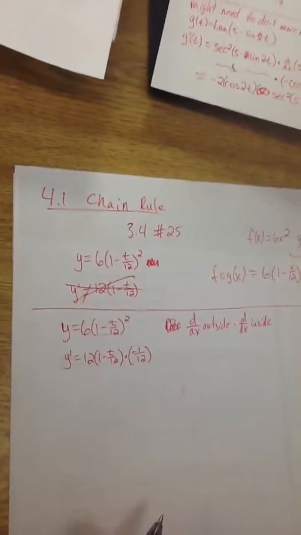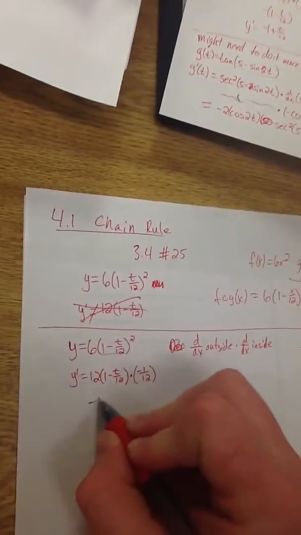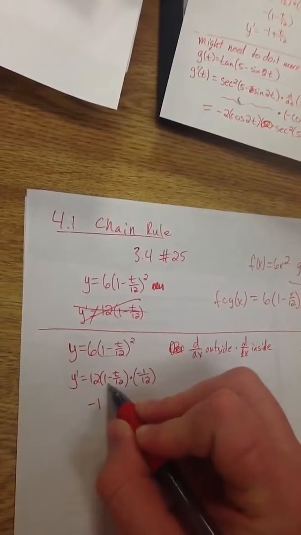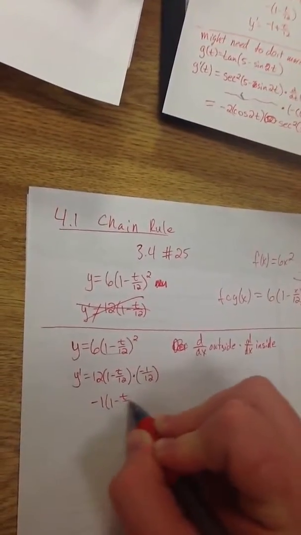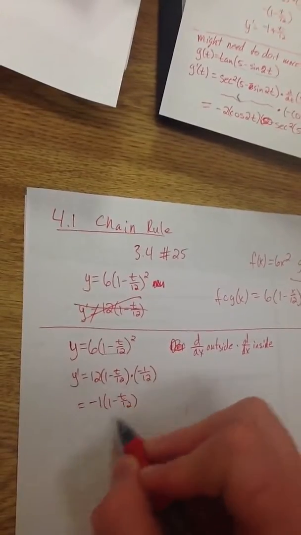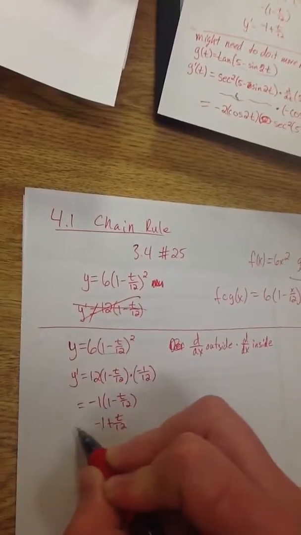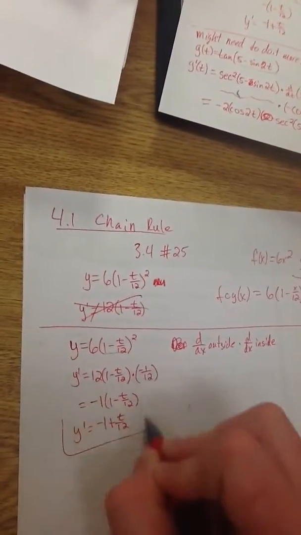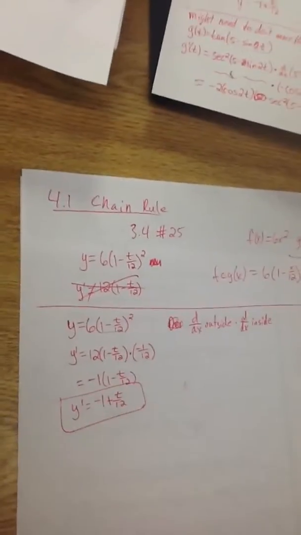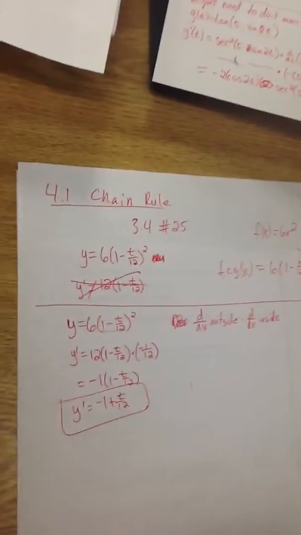And now I multiply those together. 12 times negative 1 over 12 is negative 1. So now it's negative 1 times (1 minus t over 12). Pretty easy.